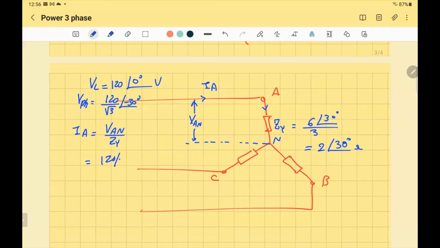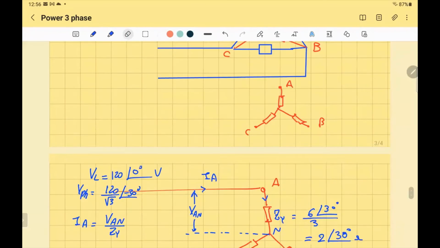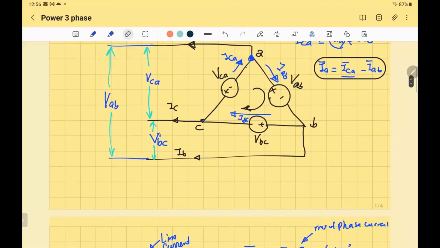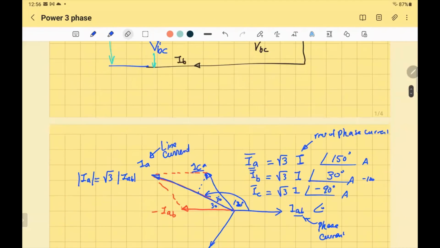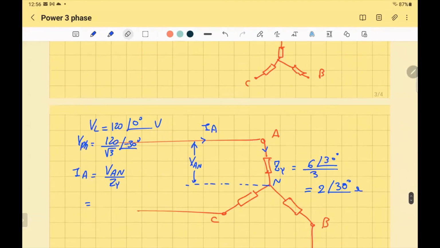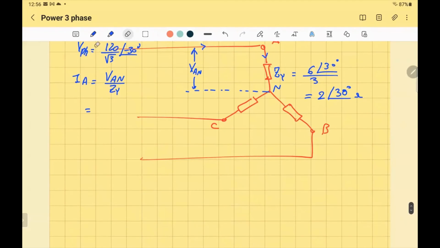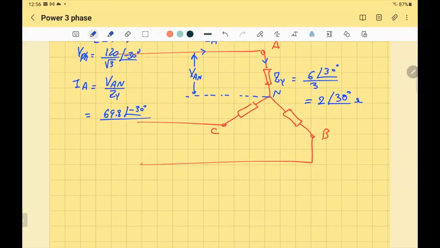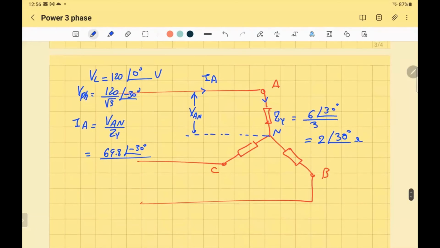I think we found the value, 69.8 angle negative 30, divided by Z, which is 2 angle 30.